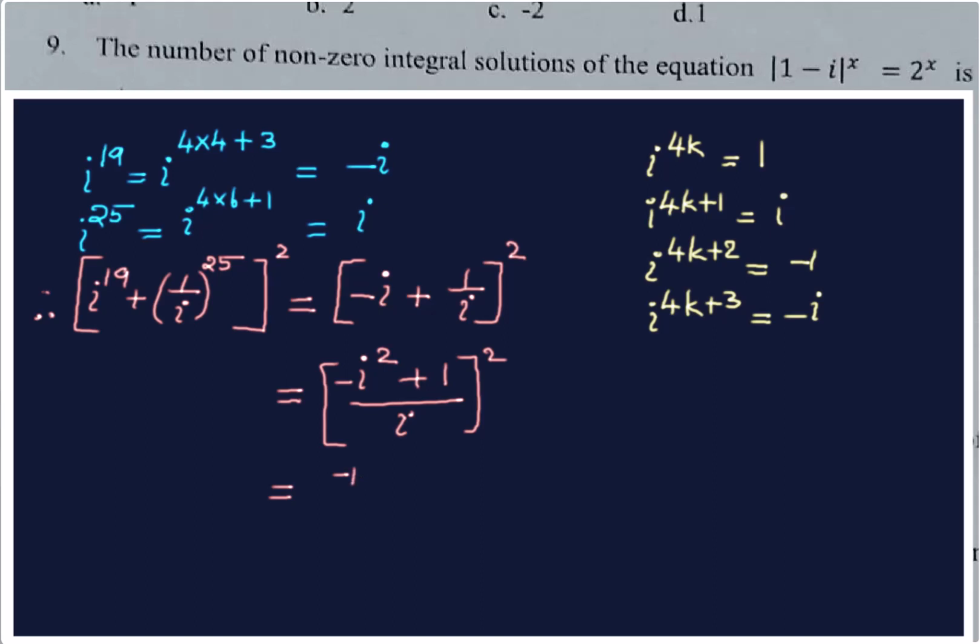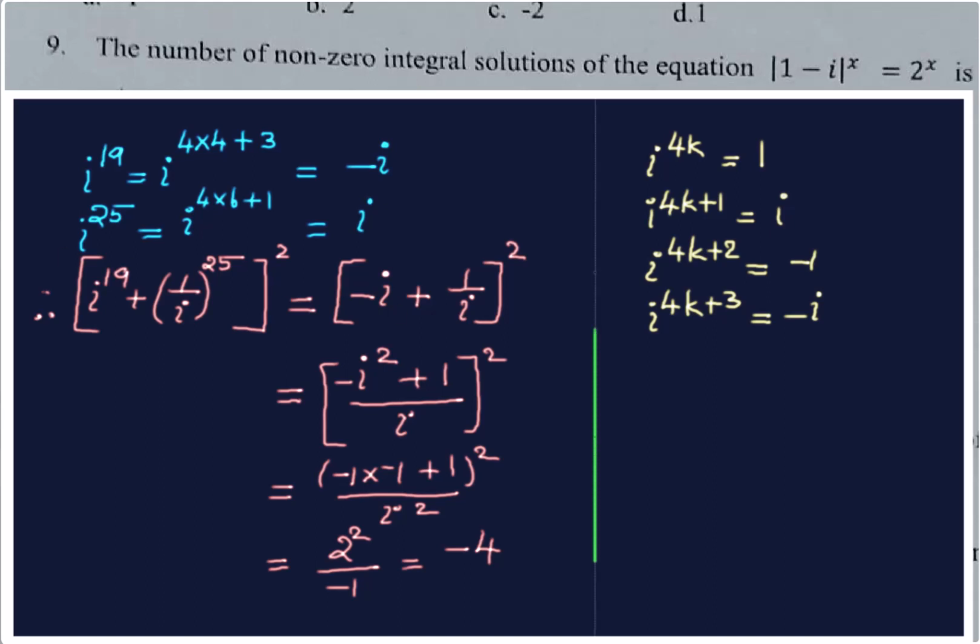And that is equal to minus 1 into minus 1 plus 1 by i square, and that is equal to 2 square by minus 1, which is equal to minus 4. So this is a constant term, and we can express the constant term in the complex form a plus ib. We can write it as minus 4 plus 0i, where the imaginary part is 0.